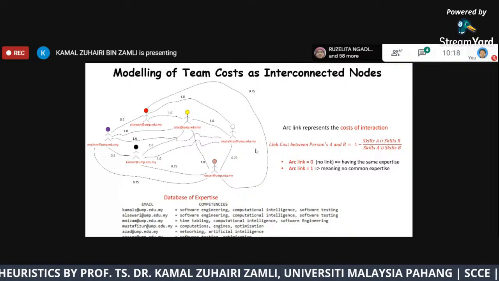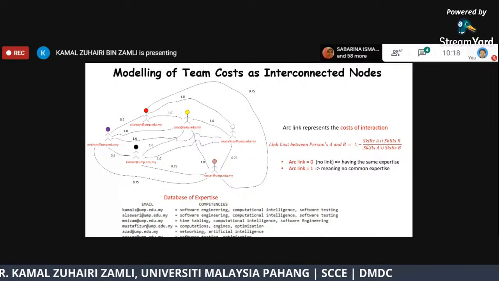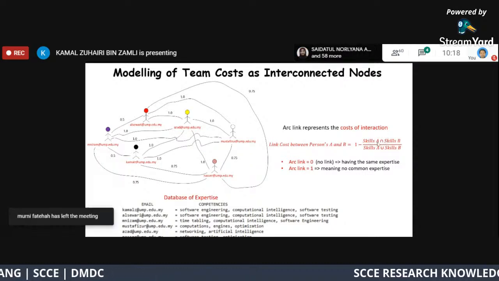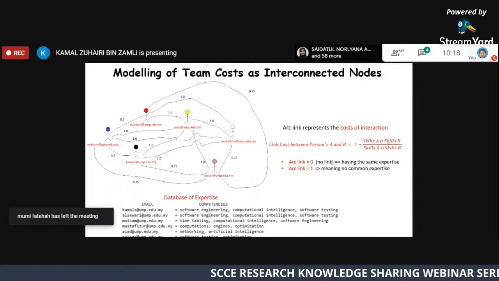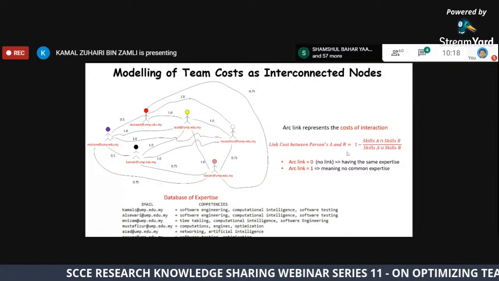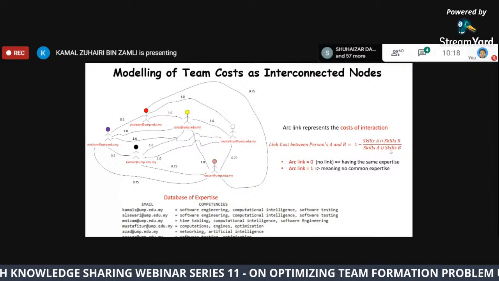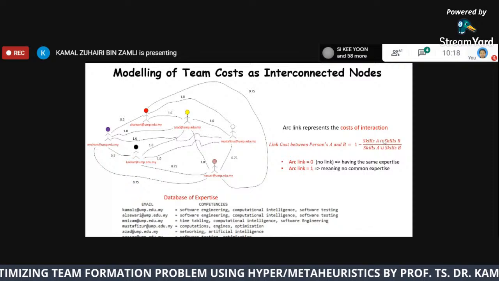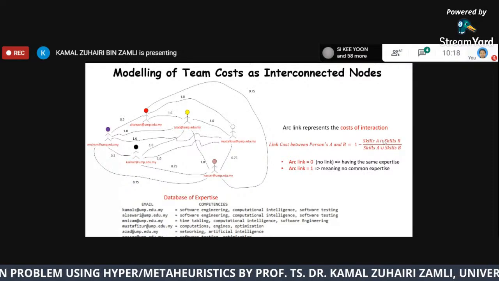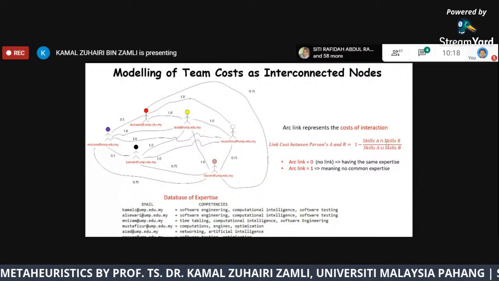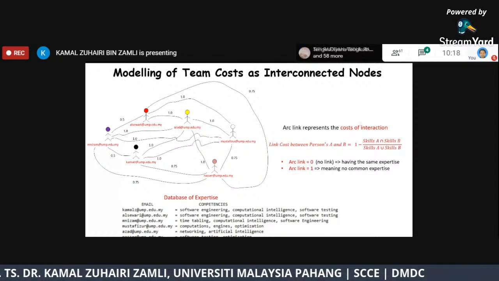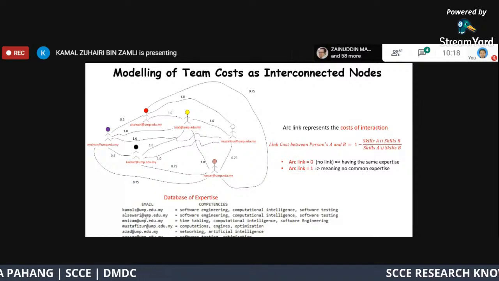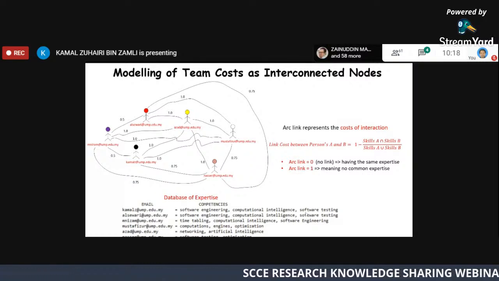So the link cost between person A and B is defined as 1 minus the common skill of A with skill B over the combination of skill A and B. This is, in Malay, called tindanan, and the other one is called penyatuan, okay? So what you have, skill A and skill B, what's common in this? And you see that Al-Sawari with Nasir, the common one is actually software testing, okay?